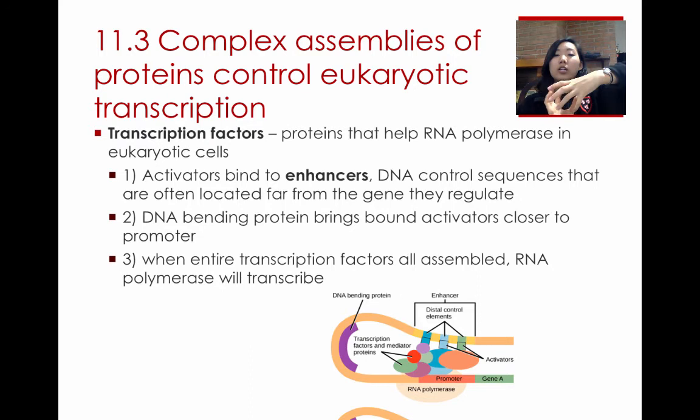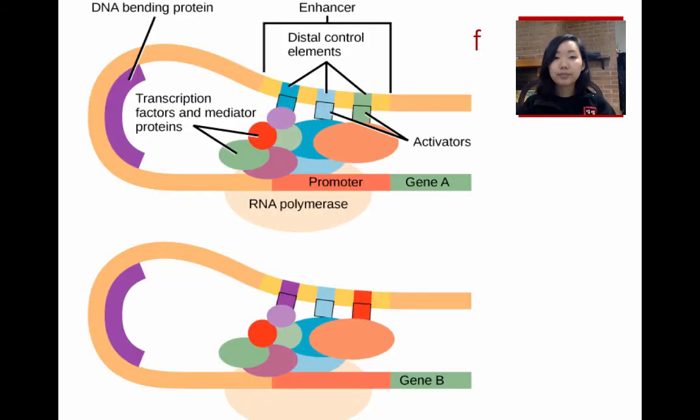And when all these transcription factors, which are proteins that help RNA polymerase, come together, the activators, certain repressors, all these things, then RNA polymerase can actually transcribe. So for eukaryotic cells, as you can imagine, it's just much more complex. Here's an in-depth look. You can imagine that if the DNA was not wrapped around and you laid it flat, then the enhancer segment of DNA would be very far away from the actual gene A that you want to express.